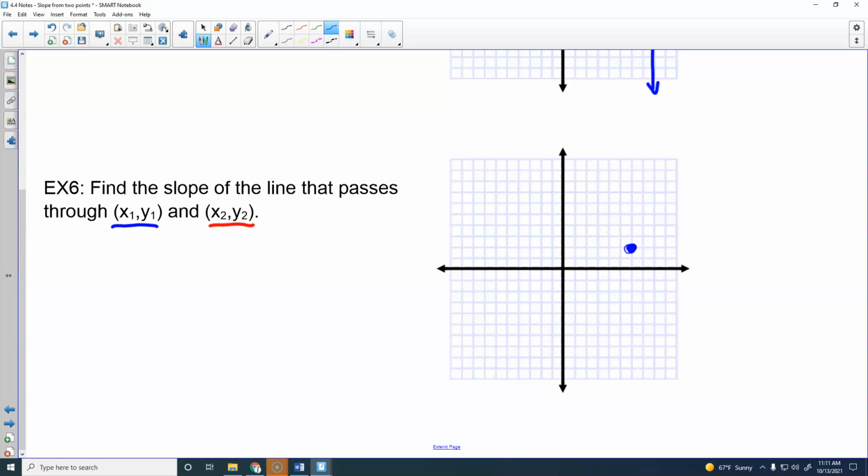You can put it anywhere you want, but I'm going to put it right here. And then I'm going to pick this other point somewhere else, up here in the corner, and call it x2, y2.